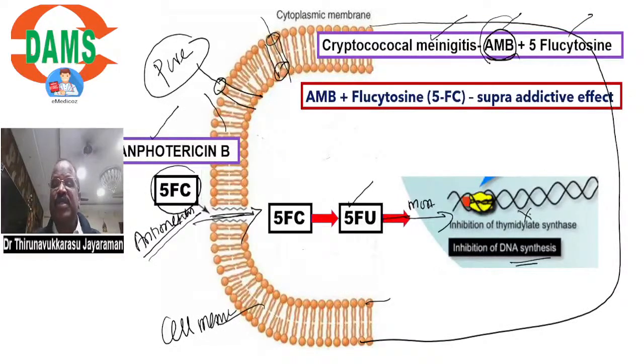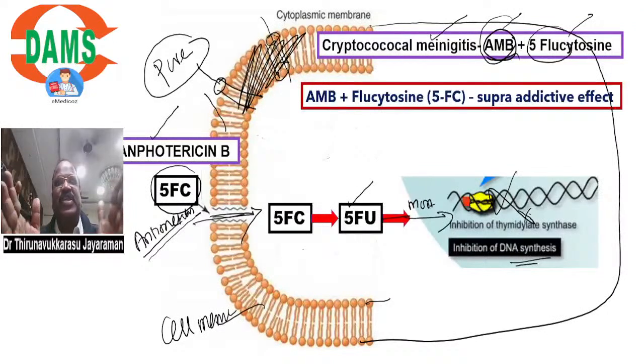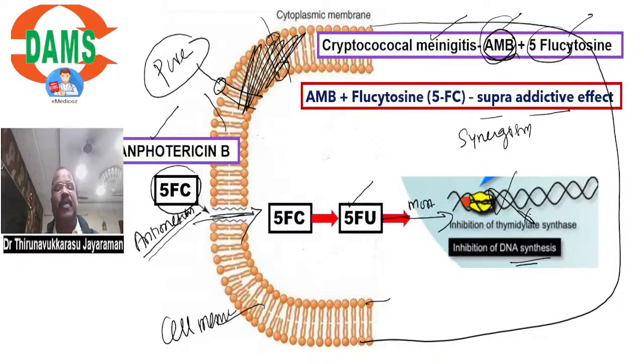So amphotericin B attacks the cell membrane, 5-flucytosine attacks DNA. Because of the two sites of action, they have supra-additive synergism. So the combination of amphotericin B plus 5-flucytosine has a supra-additive synergistic action. That's why that's the best drug to start for treatment of cryptococcal meningitis.